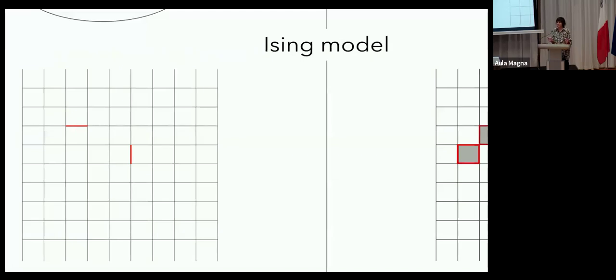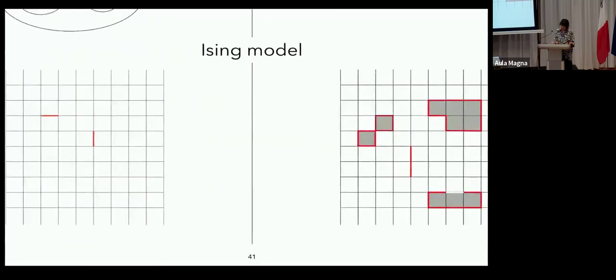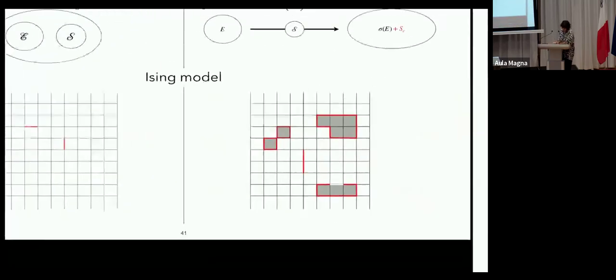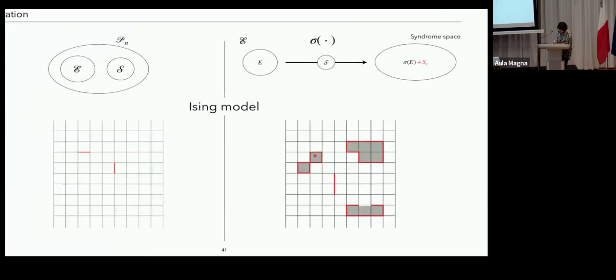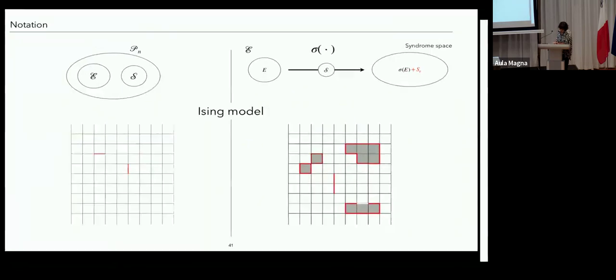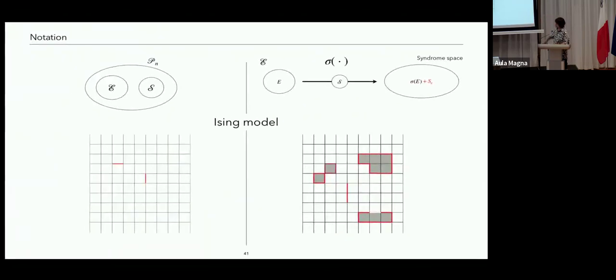This is like a classical thing. So the checks are the edges. What I'm saying is that in this picture, the qubits are this gray thing. And if this bit flips, then all the checks on its perimeter are going to be lit up.